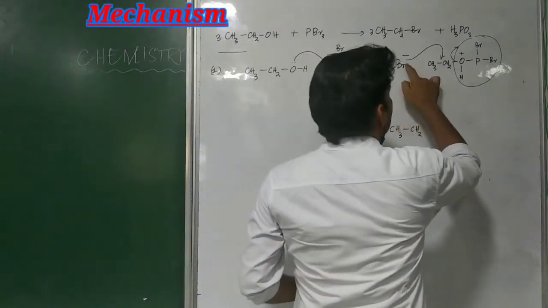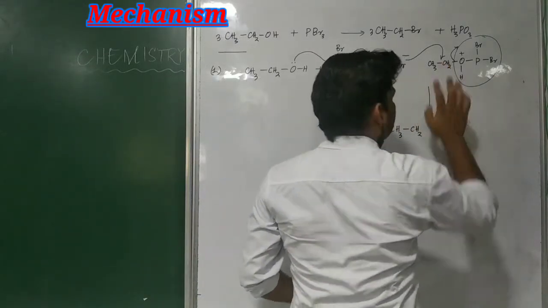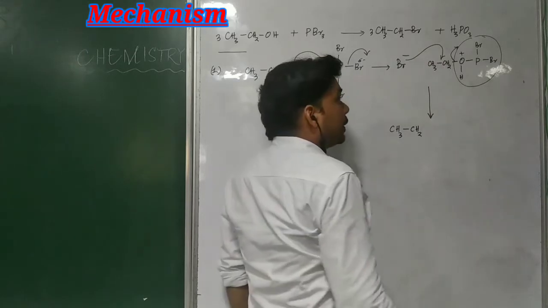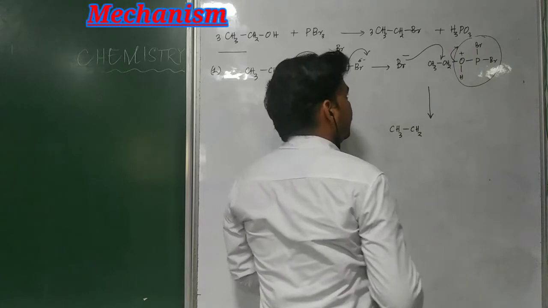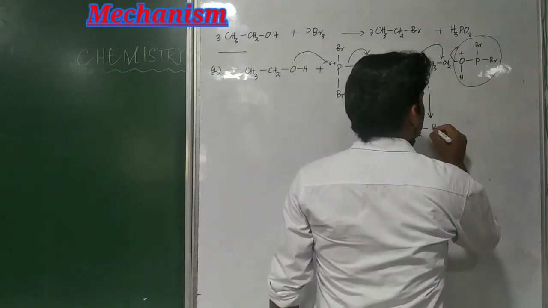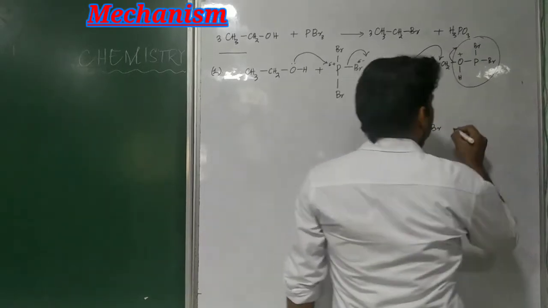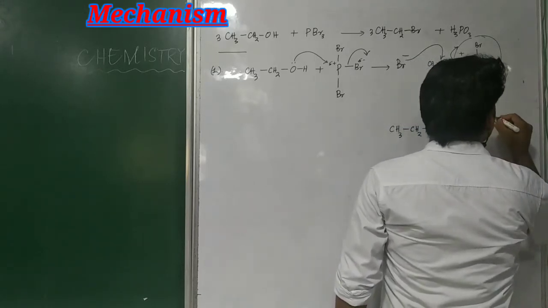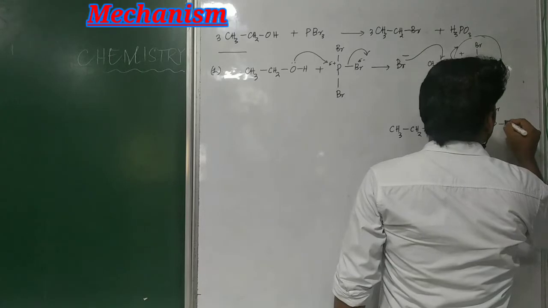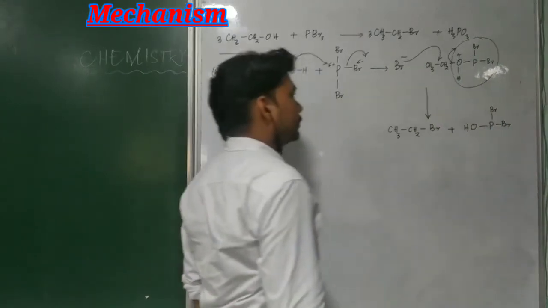So a new bond is going to be formed between this Br and this carbon, and this carbon oxygen bond will be broken. You will get CH3CH2Br. The side product is HOPBr2.